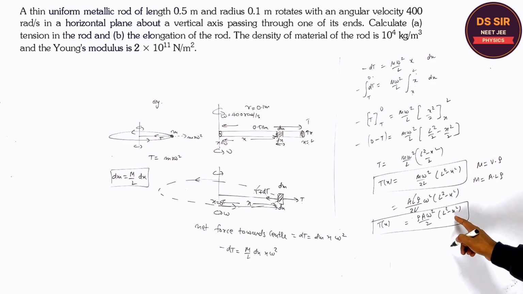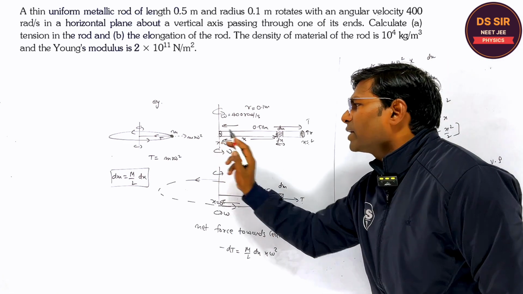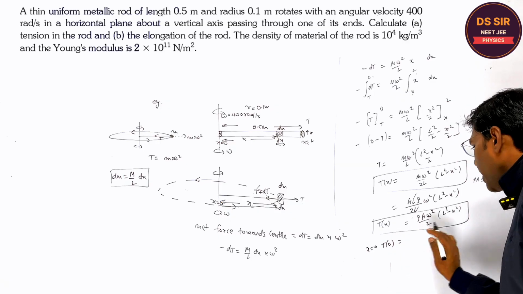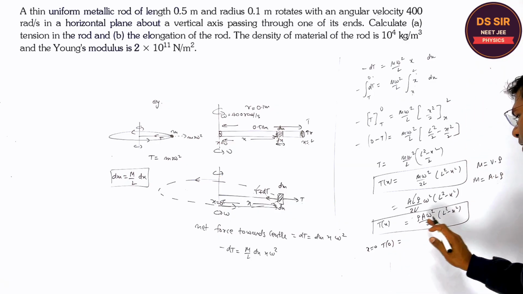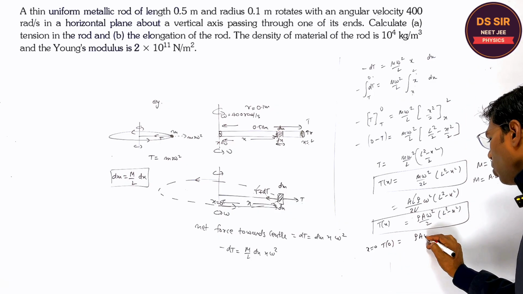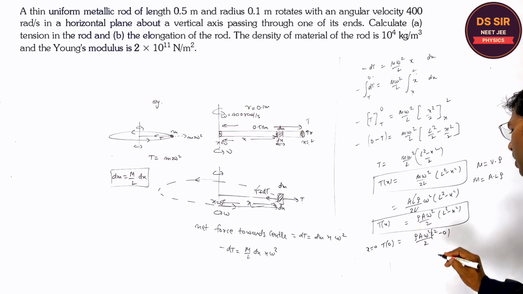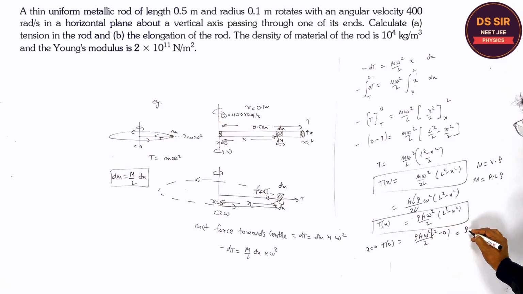Listen one thing. At x is equal to 0, what is the tension? The tension is maximum, and the tension is A rho omega square by 2 into L square minus 0. So it becomes rho A omega square L square by 2. This is the maximum tension.